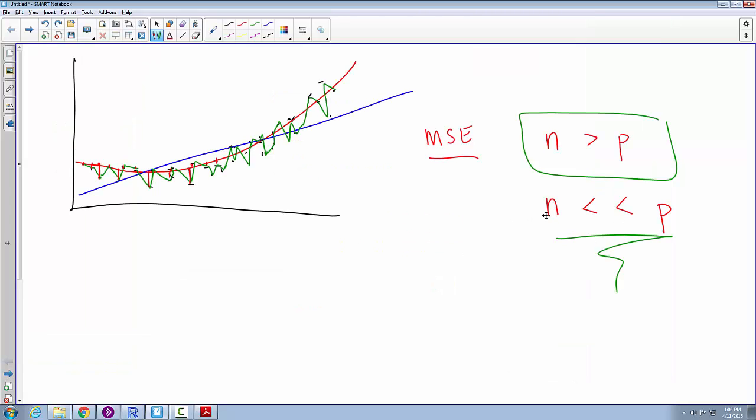When there are not enough observations to really fill in the blanks of a complicated nonlinear model, you may do better by just treating it like it is linear. I'll show you some examples of that. By better, I mean you may actually have a higher accuracy in the general population using a simple method than a really sophisticated one.